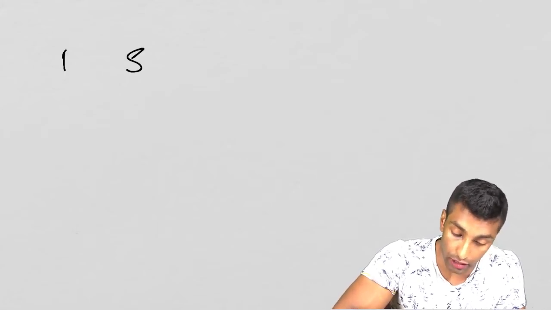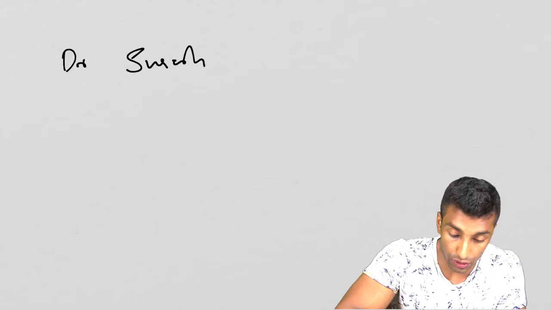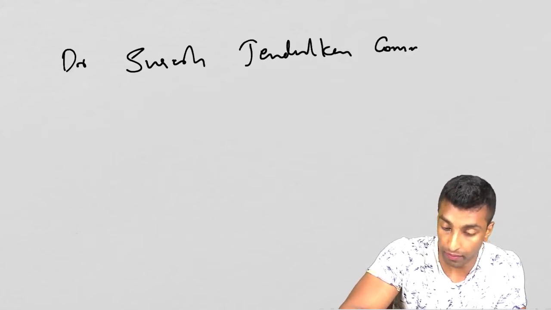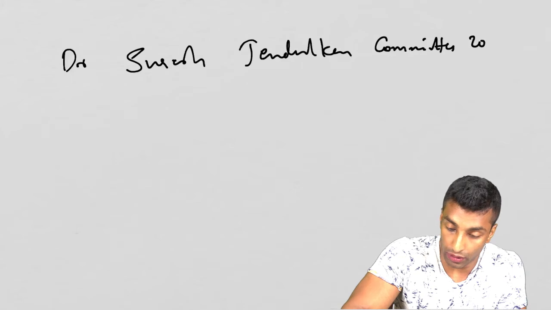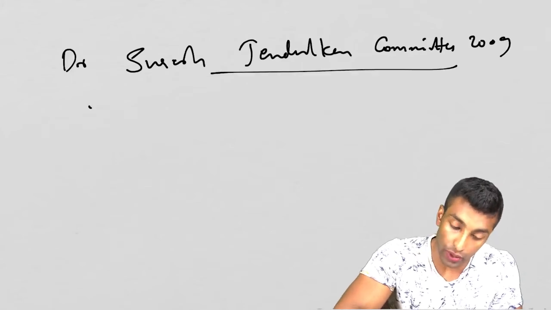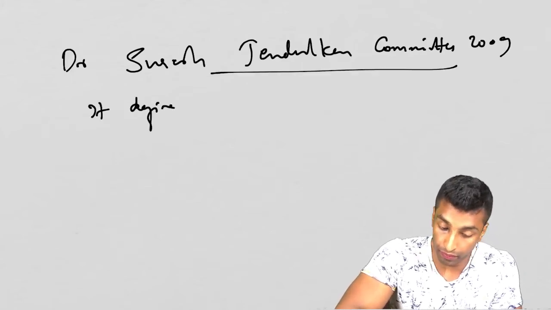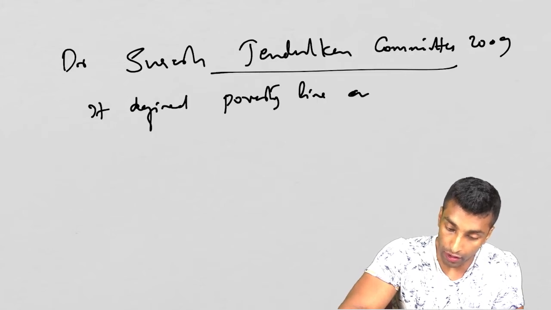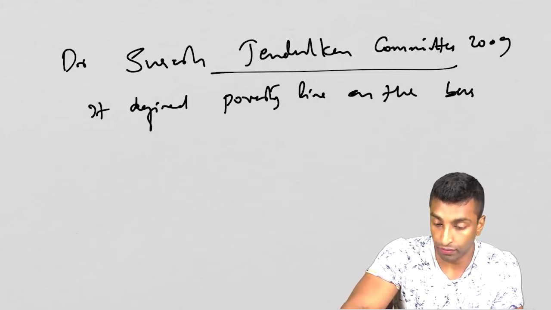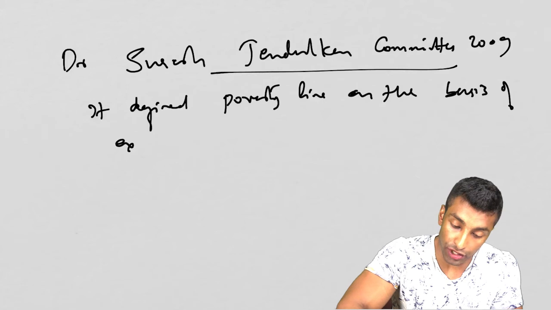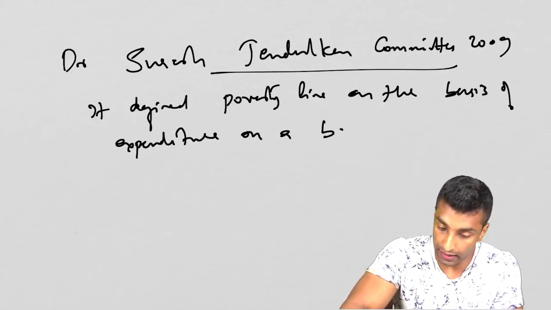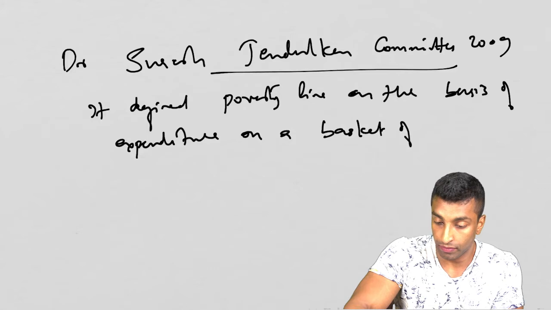That is the Dr. Suresh Tendulkar Committee, 2009. Okay. So it defined the poverty line on the basis of expenditure on a basket of commodities.